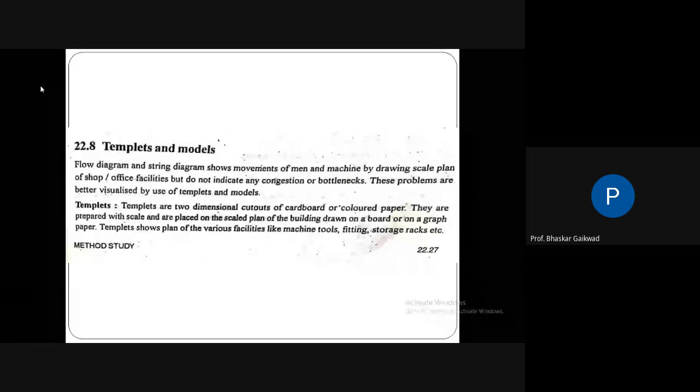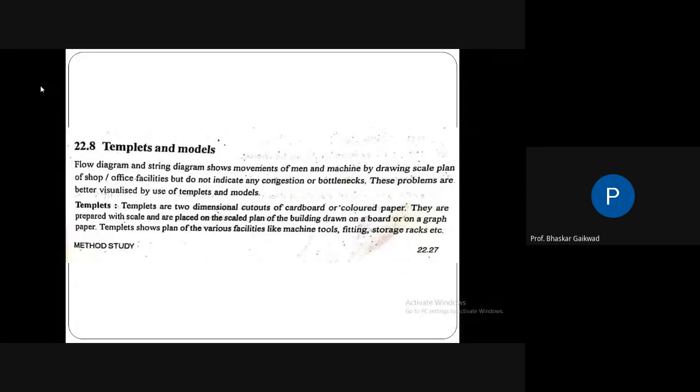Once the dimensions are okay, then we will go for actual production. Means before actual production, we require models, and in manufacturing to check that part we require a template. So this is actually the difference between templates and models.